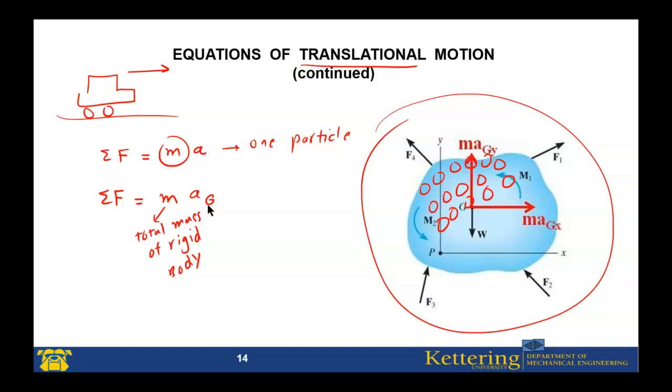Now, this is similar to the equation for one particle, however, one difference is that we apply the acceleration at the center of mass. Then I can develop this one along the x and y directions: sigma Fx equals m a_Gx, the acceleration of the center of mass along x, and sigma Fy equals m a_Gy, along the y direction.